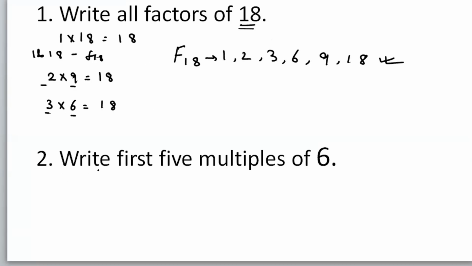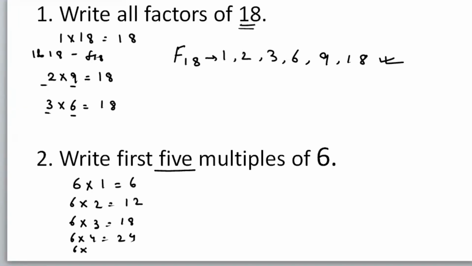It says, write the first 5 multiples of 6. Here they are telling us to write only the first 5 multiples of 6. So how can we find the multiples? By multiplication. It means we have to write the times table of 6 till 5 only. 6 times 1 is 6. 6 times 2 is 12. 6 times 3 is 18. 6 times 4 is 24.